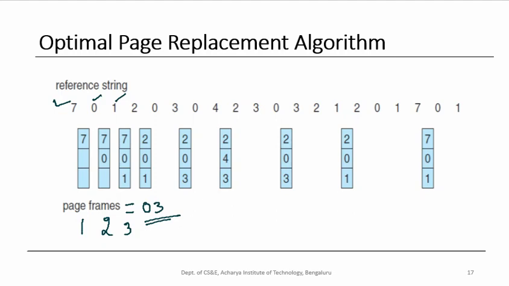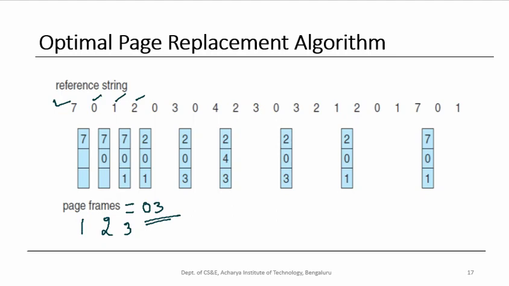Now you will have to carefully understand the difference between the optimal page replacement algorithm and the FIFO page replacement algorithm. When the reference is made to page 2, which page has to be replaced? In case of first in first out, we simply look for the oldest page, and that page becomes the victim, and that page is removed and the new page is inserted in its place.